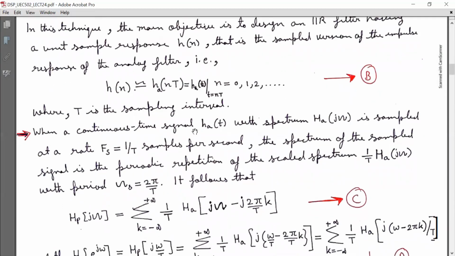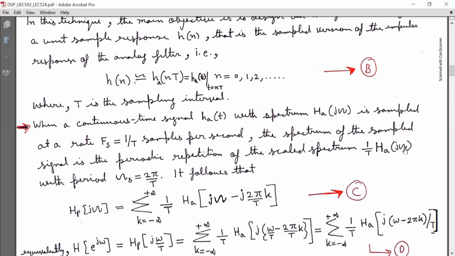When the continuous time signal h_a(t) with spectrum H_a(jΩ), where capital Omega is the angular frequency in continuous time domain, is sampled at a rate F_s equal to 1 by T samples per second, the spectrum of the sampled signal is a periodic repetition of the scaled spectrum 1 by T H_a(jΩ).